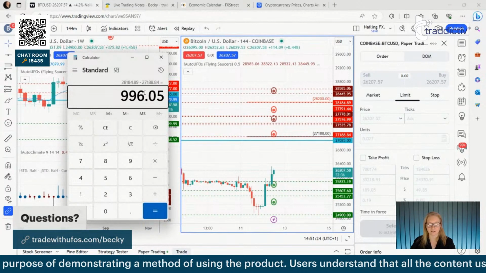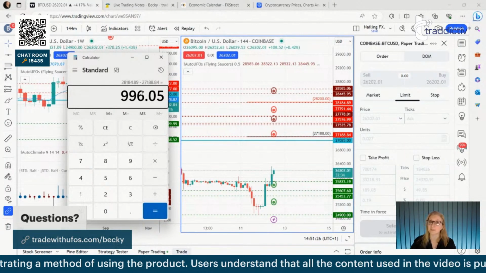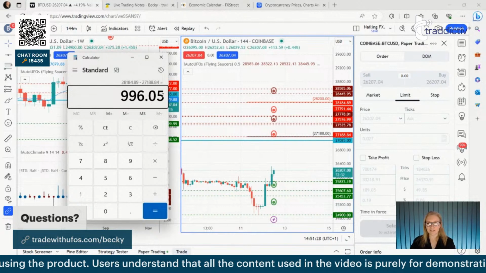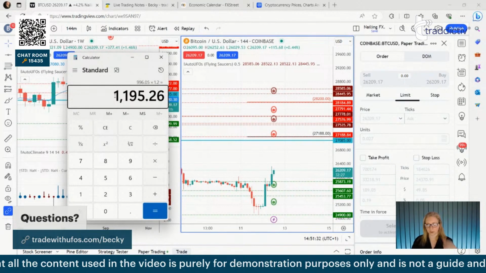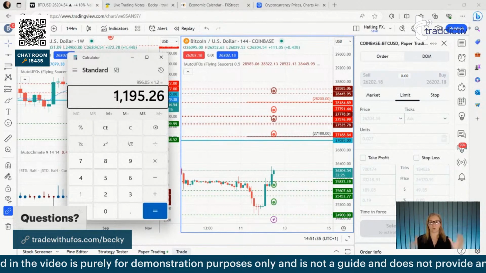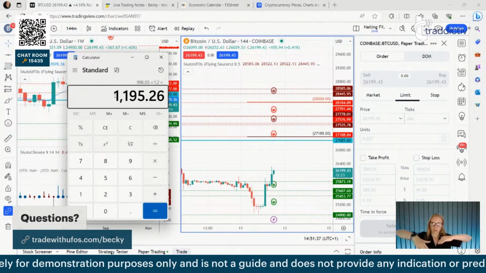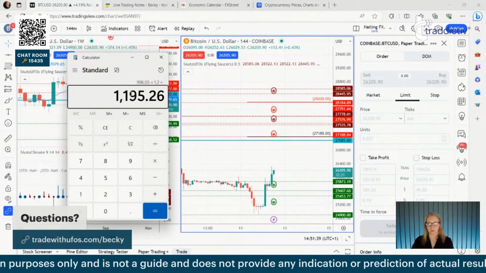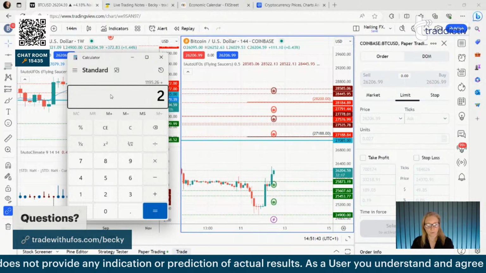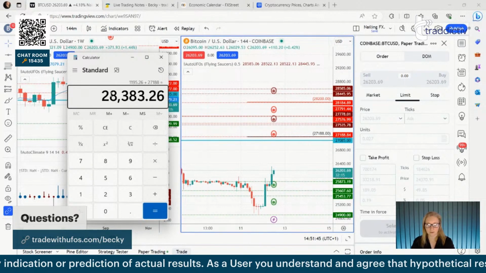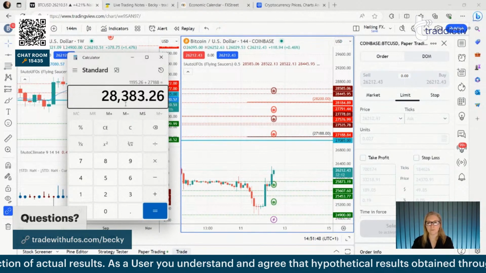So, yeah, decent amount of pips. 966.05. Now, what you would do is you would times that by 1.2. So you give it a 20% wiggle room. Whatever that distance is, you add 20% to give it that wiggle room. So that's 1,195.26 pips, which you would, in this case, add to your entry to give you your new stop loss.